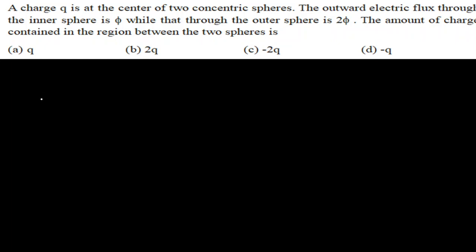What is written here? A charge Q is at the center of two concentric spheres. The outward flux through the inner surface is phi, while through the outer surface is 2 phi. The amount of charge contained in the region between the two spheres is? Let me draw a figure first. We have two concentric spherical surfaces.